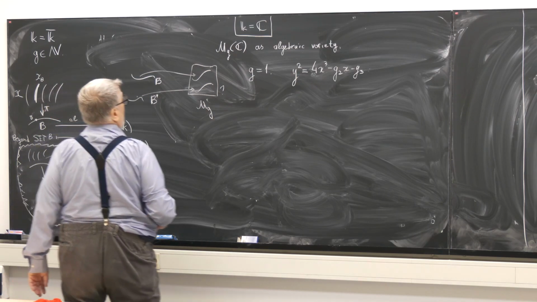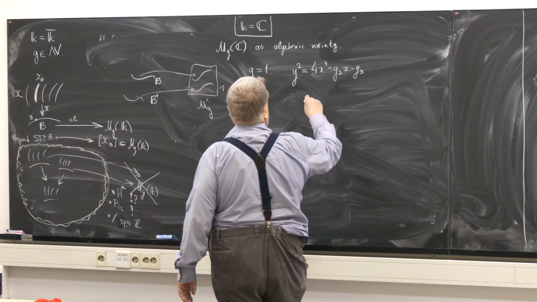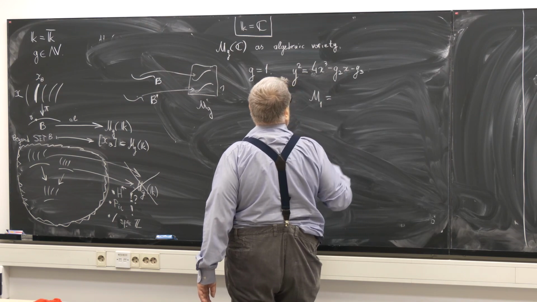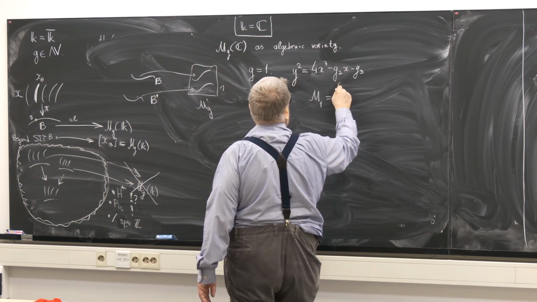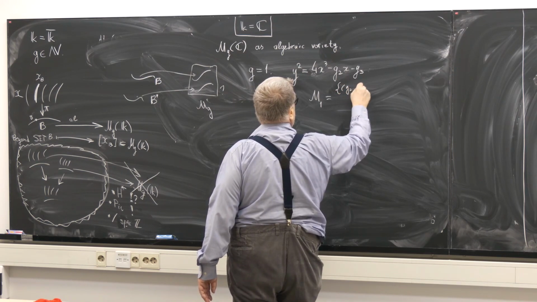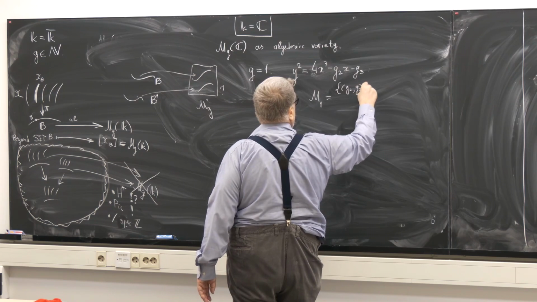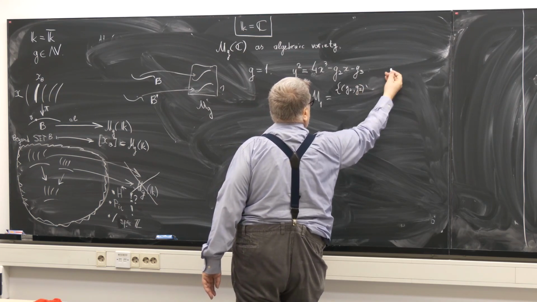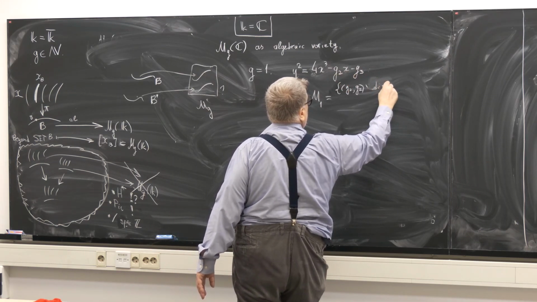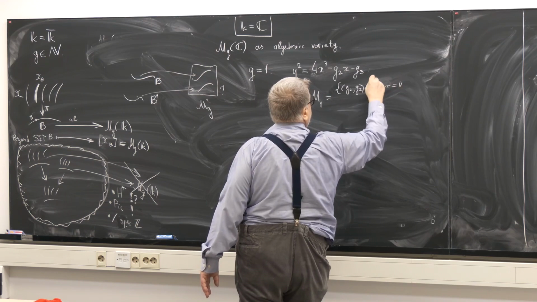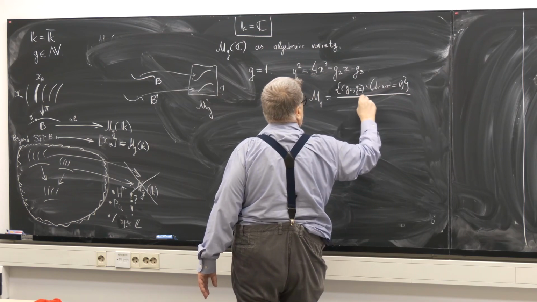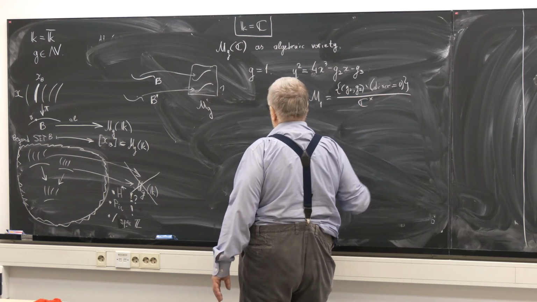Therefore, we see that M_1 is the subset of the plane with nonzero discriminant, 27 and so on, up to some action of C*.